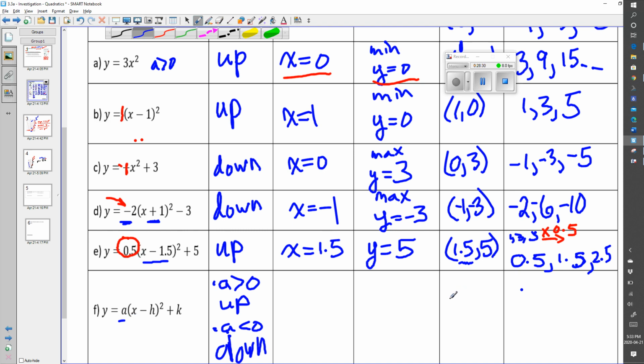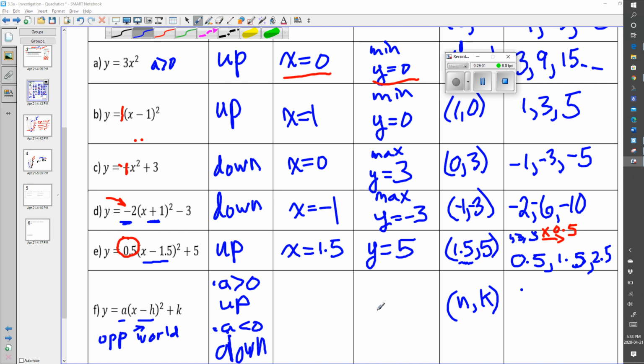Now, as for the vertex, it's h and k. And basically, it's opposite of what you see inside here. We say the opposite of the sign. So I call it opposite world for my x values. And notice it's only for the x values. The k value is always read as it is.